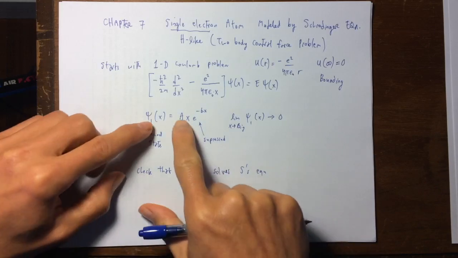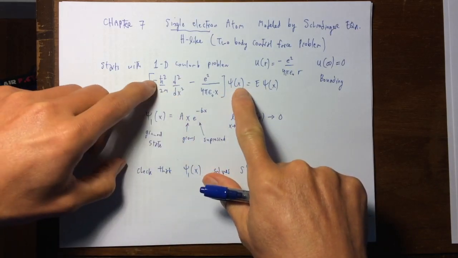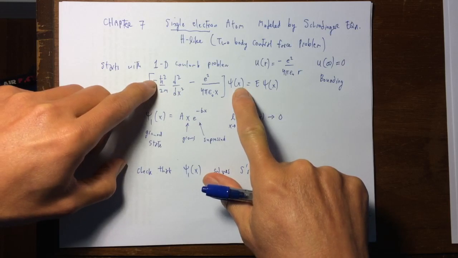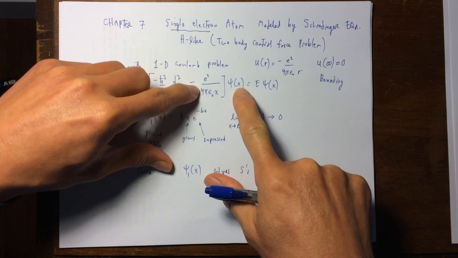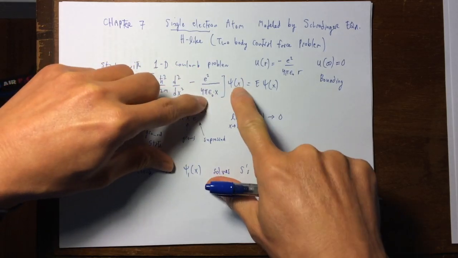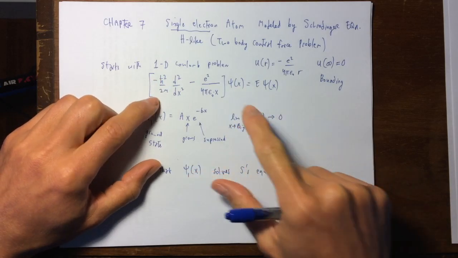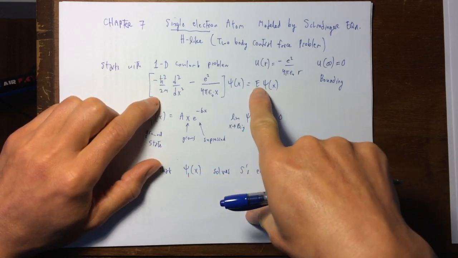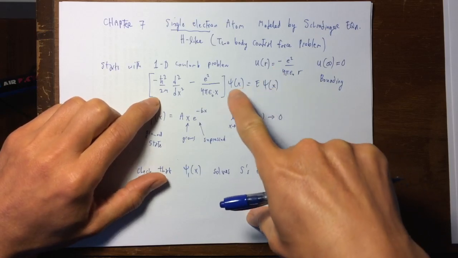That's pretty simple. You just take this thing, put it right there, take two derivatives, multiply by minus h bar squared over 2m, and then subtract the product of this times that. It will be some number that's independent of the value of x times the very same function.